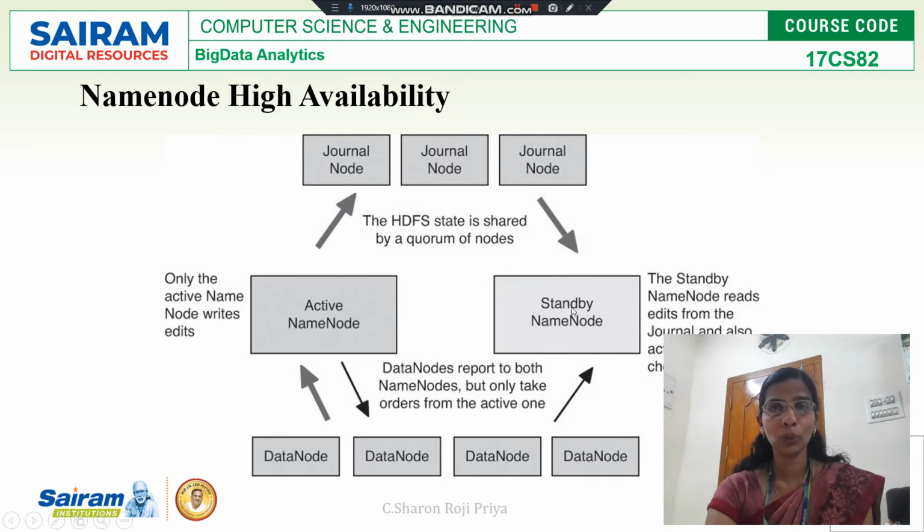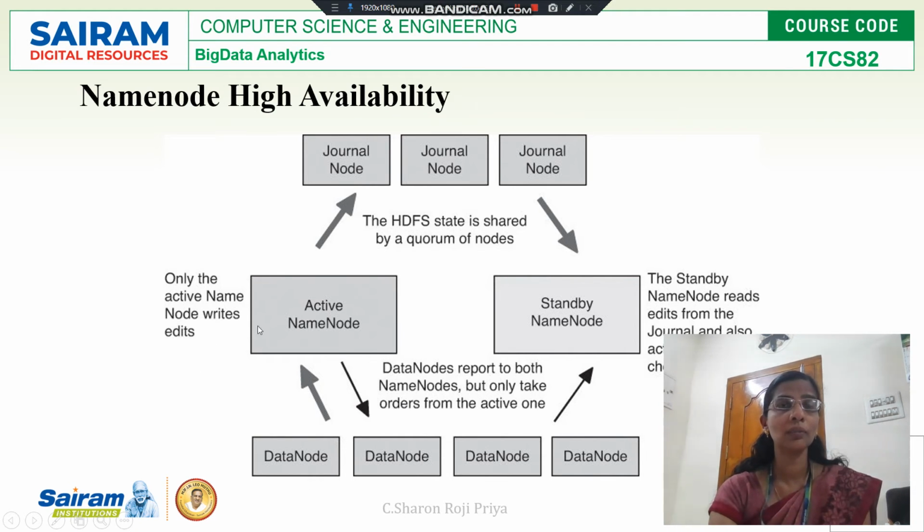What the standby name node does is, periodically it reads the journal node and checks whether the file system structure in the standby node is the same as that of the active node. Just to cross-verify, once in a while the standby name node reads the journal node and checks the file system structure. So this is all about your name node high availability.